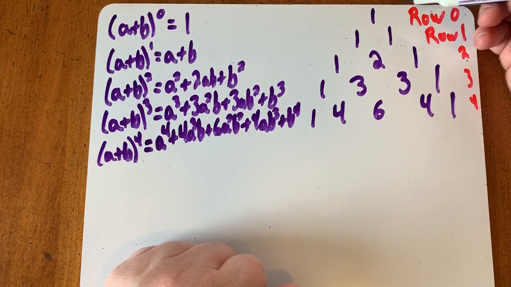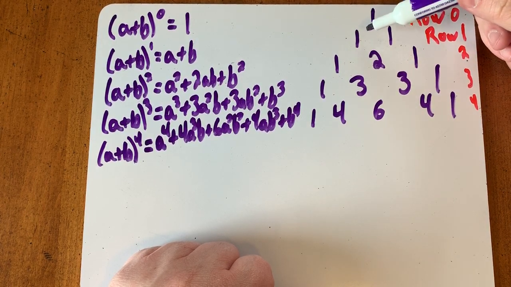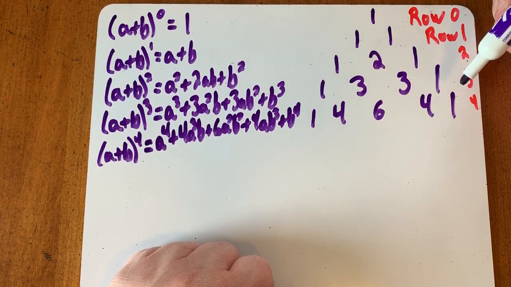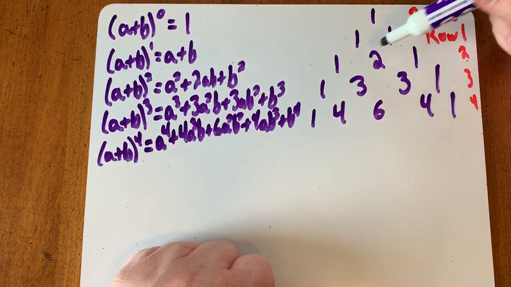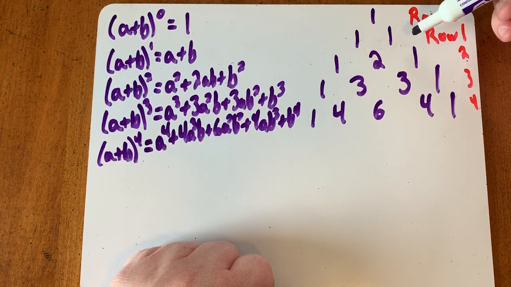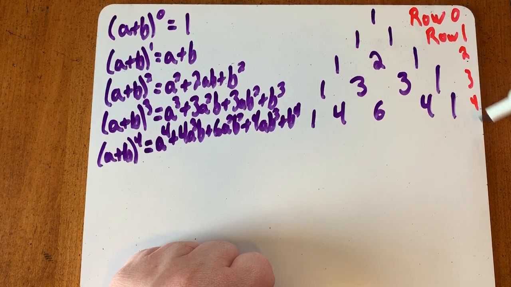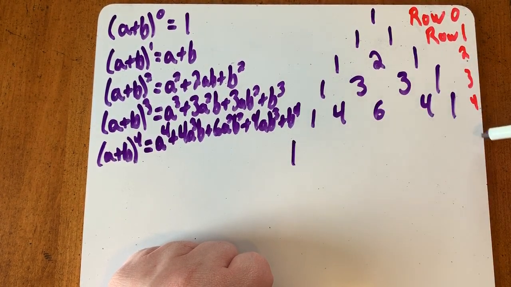What's happening is, imagine this triangle was in a field of zeros. If you take the 2 above one of the terms and add them together, it gives you that term. Like this one, it's 0 and 1, 1. Obviously starting with that initial 1. 0 and 1, 1. So all of the outsides would be 1.